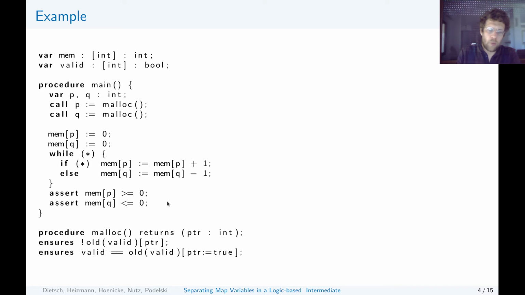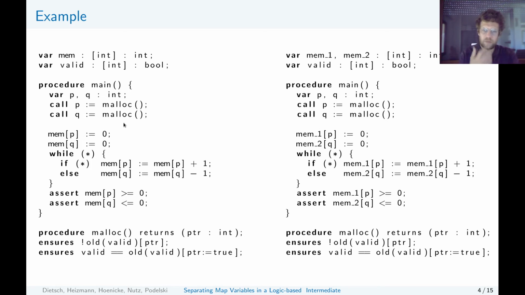So now when we know that, then we know that p and q are independent, and then we can transform the program into one that is simpler to analyze.